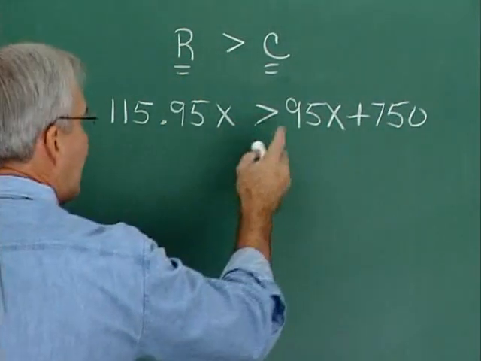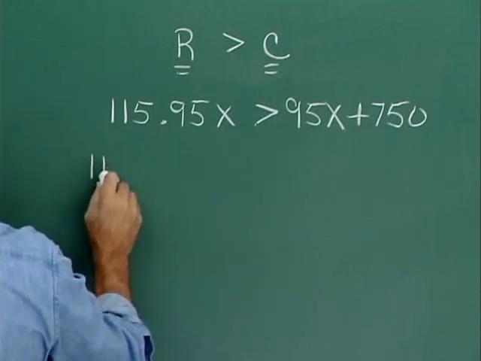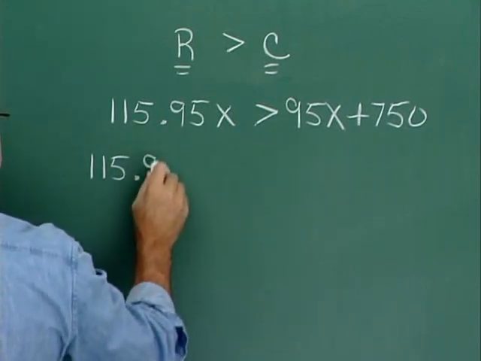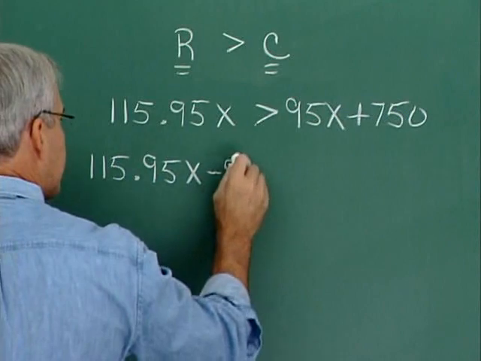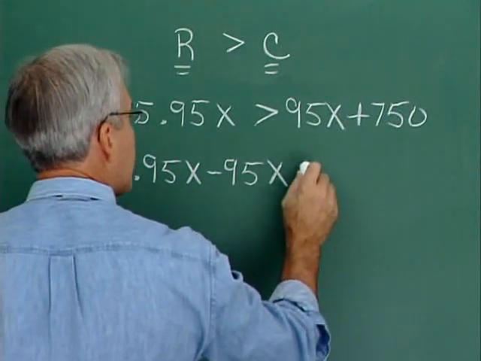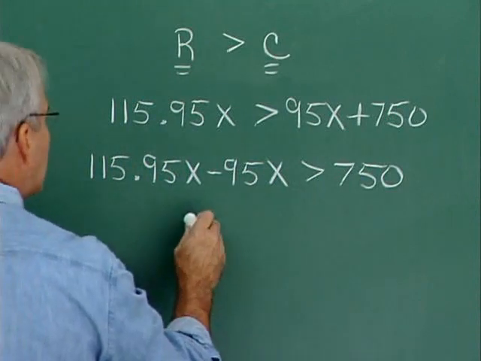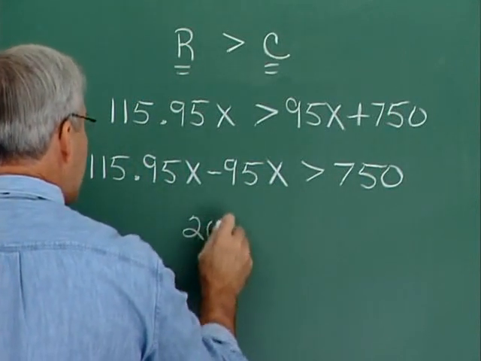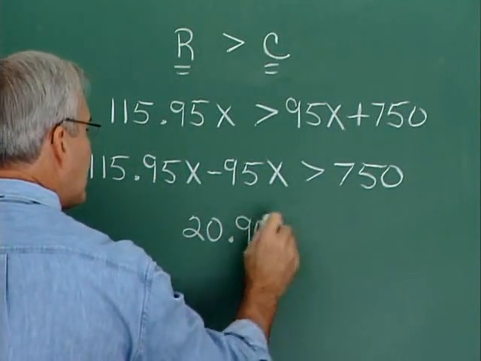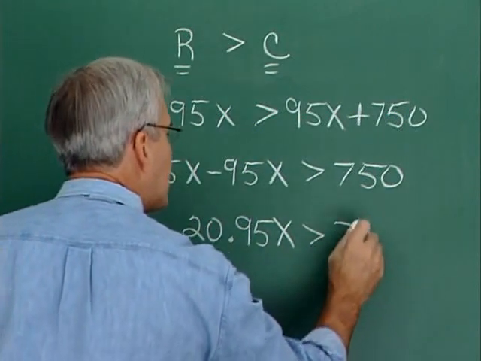Now, to solve, I'll subtract 95x on both sides. And we get 20.95x is greater than 750.